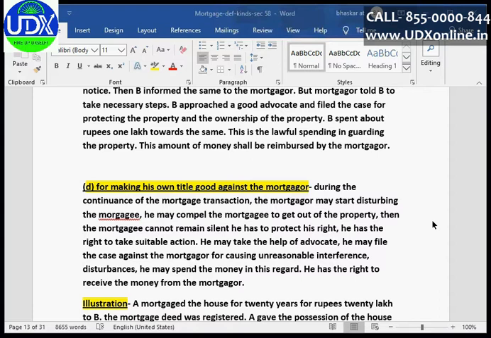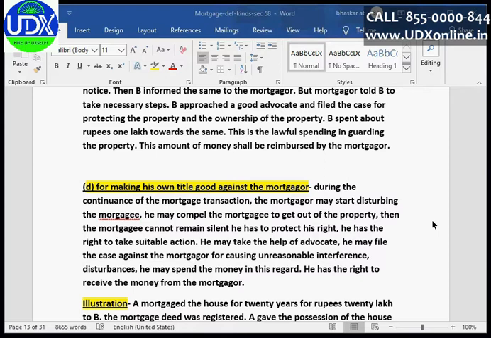Do you know, some of the owners will use all fraudulent means to kick the mortgagee away from the property. So, in such a circumstance, this provision comes to help.